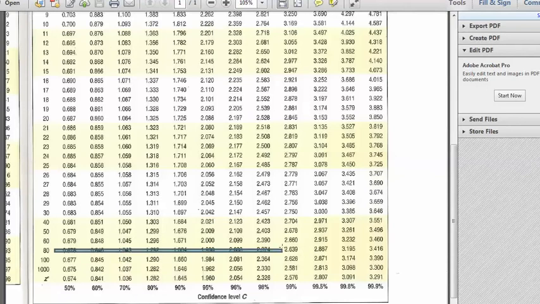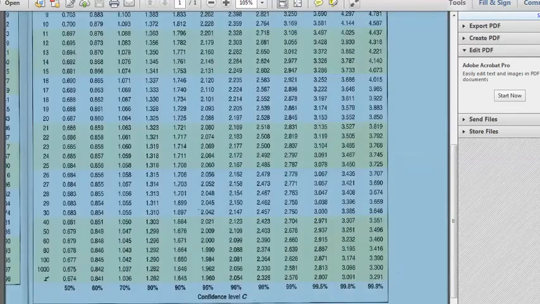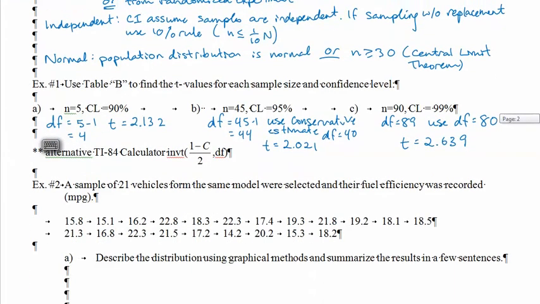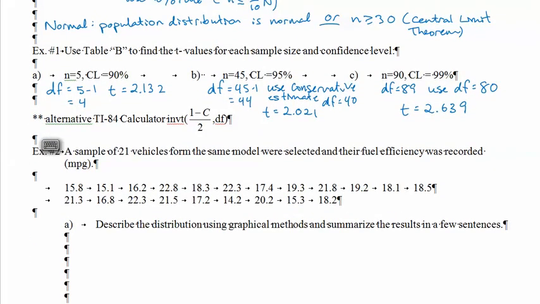So we get 2.639. So use df of 80, and t equals 2.639.